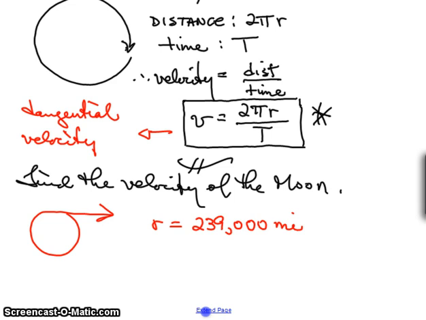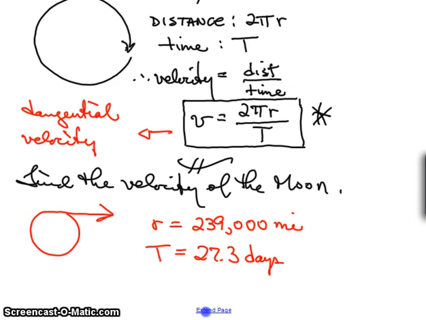What's the period of the moon? How long does it take the moon to orbit the Earth once? Well, it's roughly a month, a little less. It takes 27.3 days for the moon to orbit the Earth. Now, notice that's days. Well, we want to do this in miles per hour.